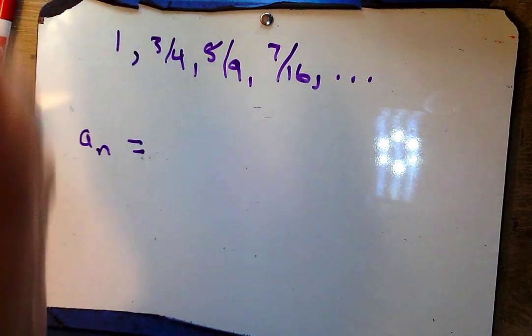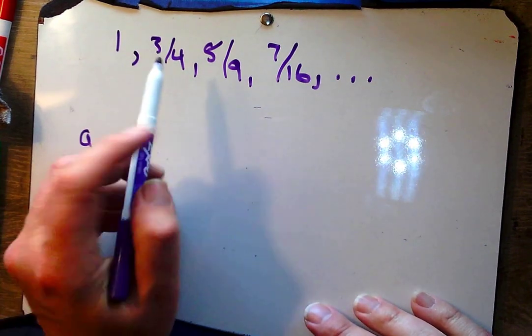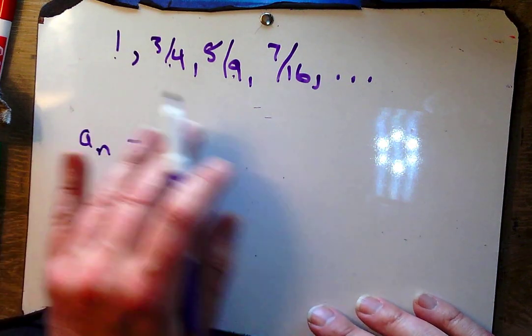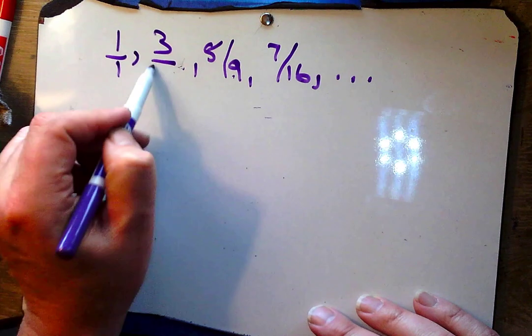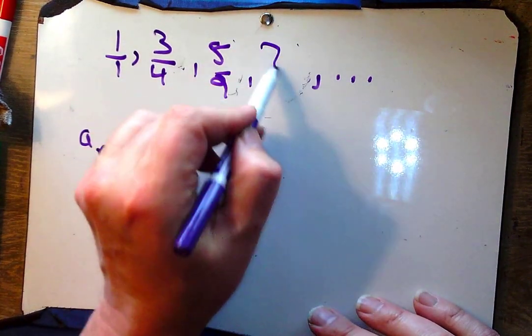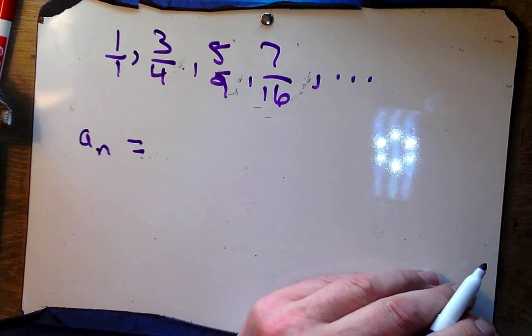Hey everyone, welcome back. So, yeah, these don't go up by the same amount each time. Well, actually, I do notice that if I rewrite these, the tops are going up by the same amount each time.